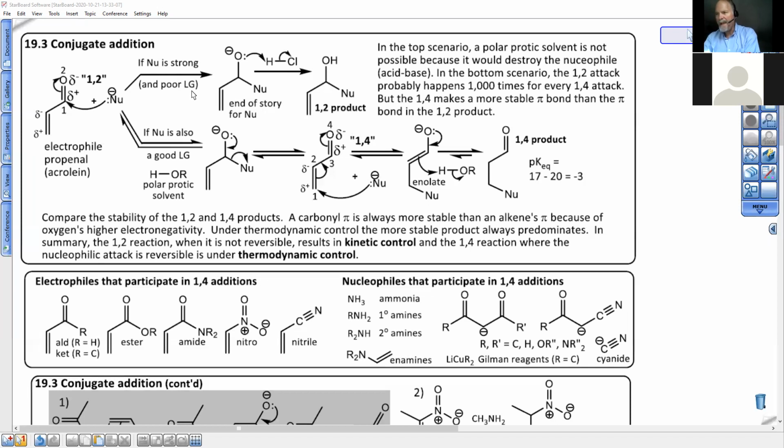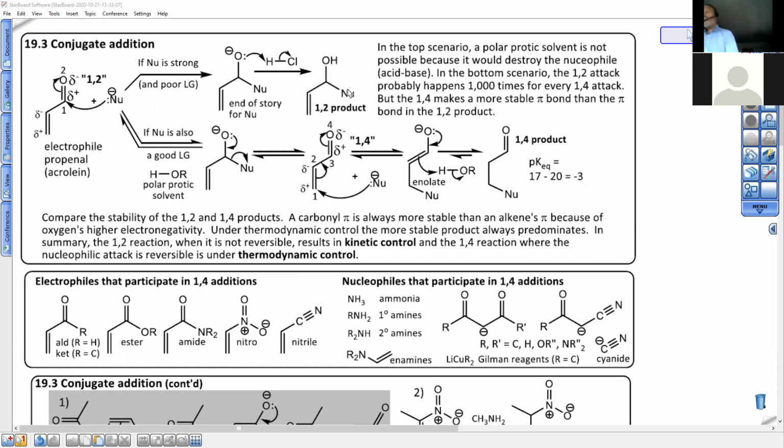That means methyl minus is the worst leaving group we know. So that was a one-way story. The leaving group couldn't leave, so we were stuck with this result, and we protonated it, and we made an alcohol. So that was what we saw in chapters 15 and 16.